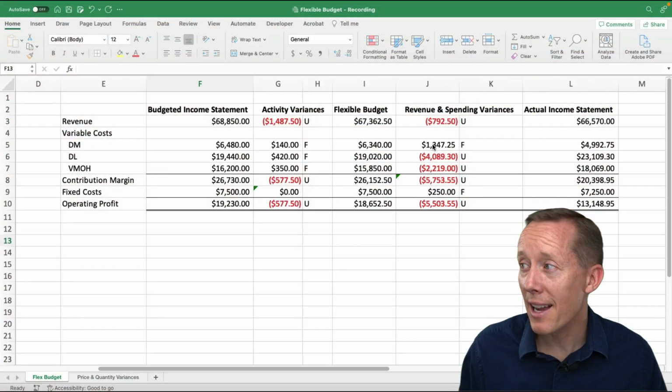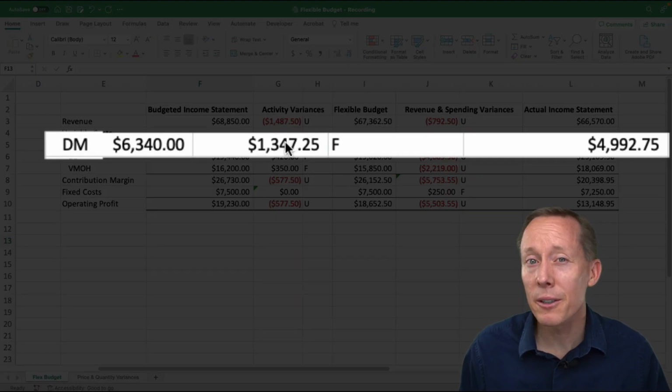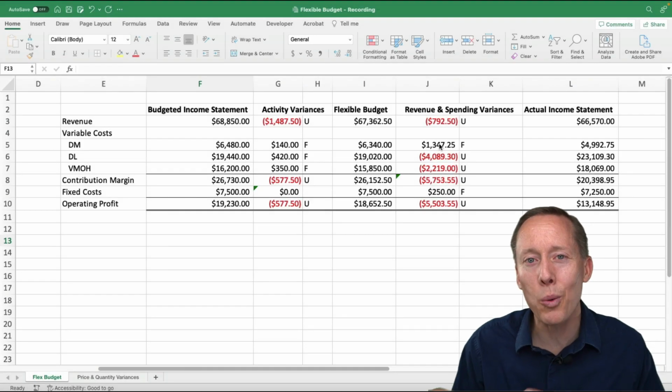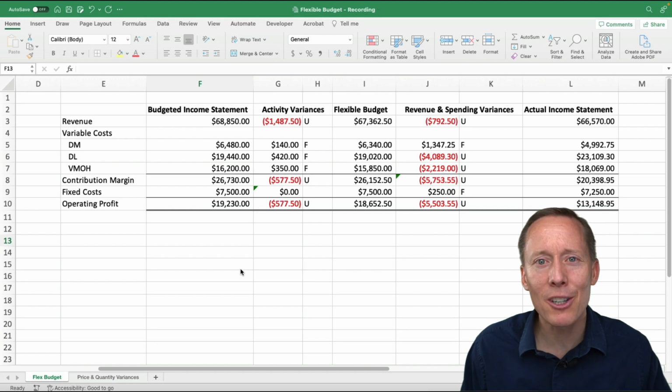To accomplish this task of breaking apart this direct material spending variance into the price and quantity components, I'm going to add some additional structure here.